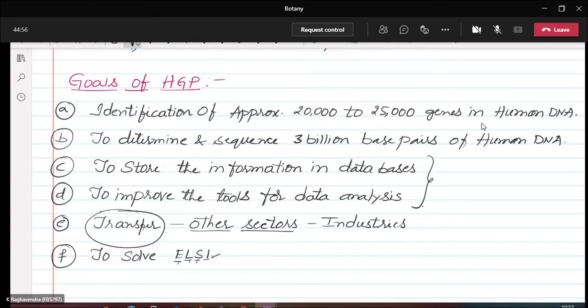So one main goal of HGP is to take care of the ethical issues that come up during or after the project, legal issues and social issues, which is called ELSI. To solve ELSI: ethical, legal, and social issues.